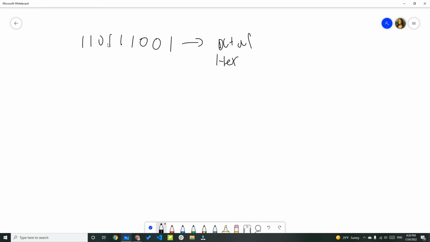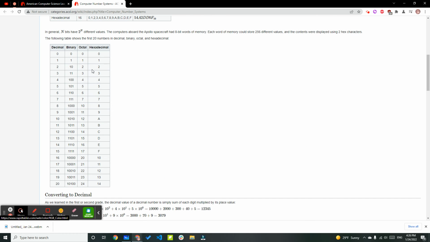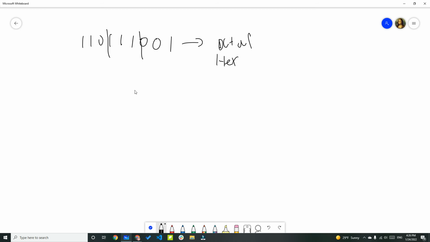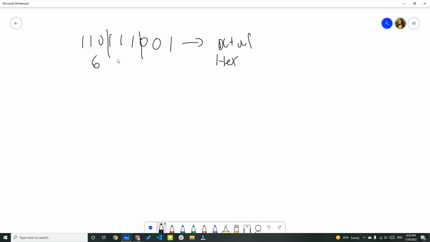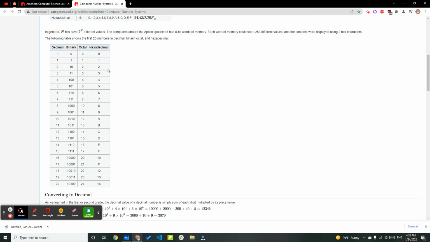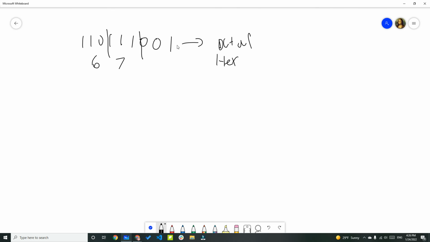To convert to octal, you split it in threes, and then turn those into the numbers. So 110 is 6 in octal, 111 is 7 in octal, and 001 is 1 in octal.